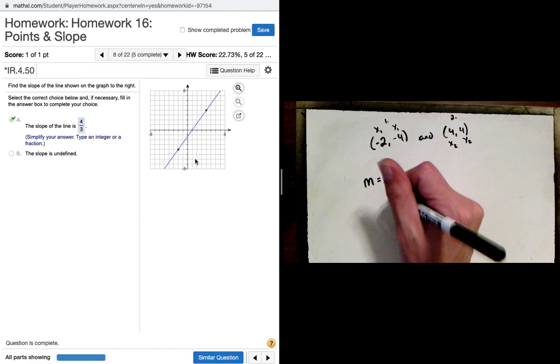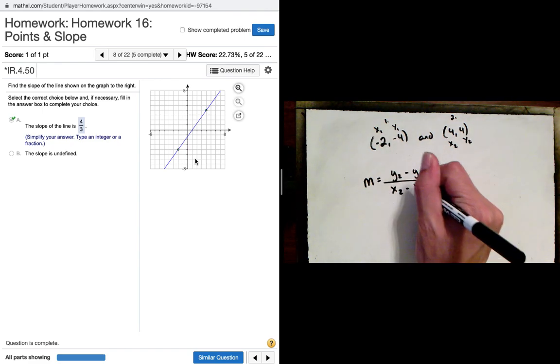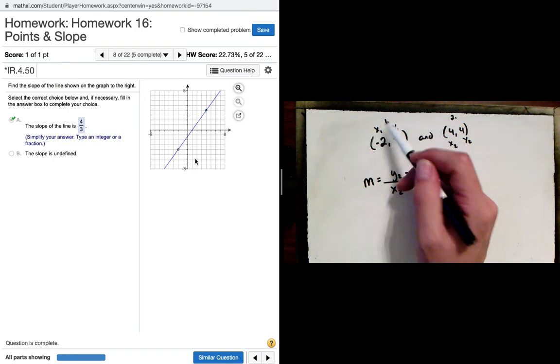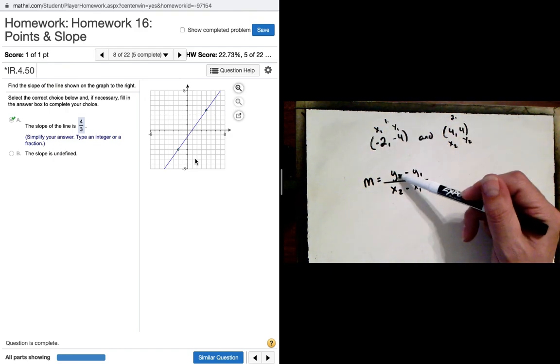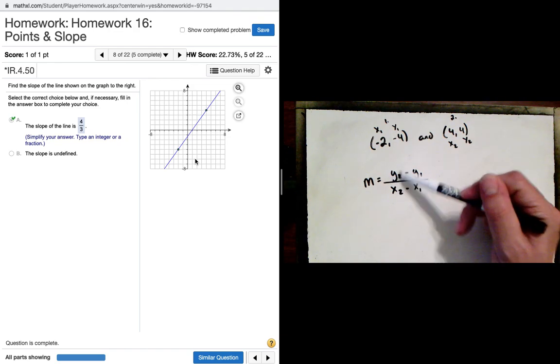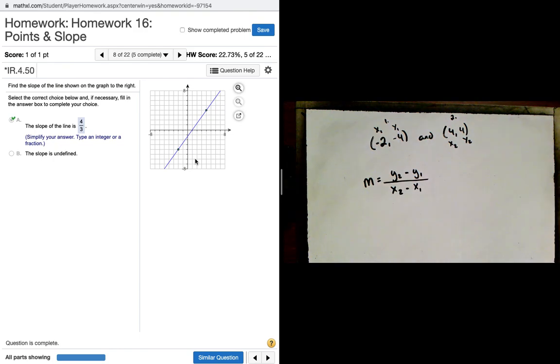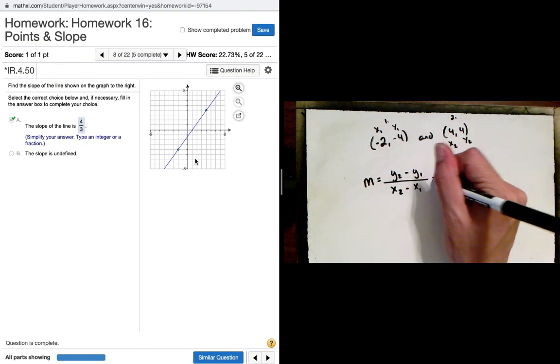And on the bottom, we want to calculate the change in x. Remember that I mentioned it doesn't matter what order we call these points 1 and 2. What does matter is that we stay consistent with labeling x and y. Notice that I have the second y value here. That means I need to have the second x value here. So we're going to subtract.